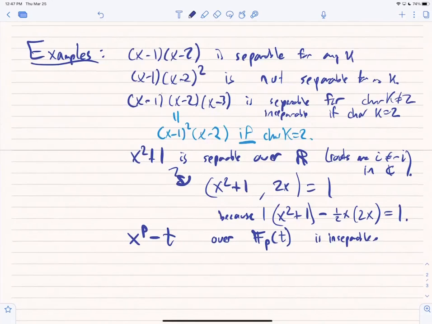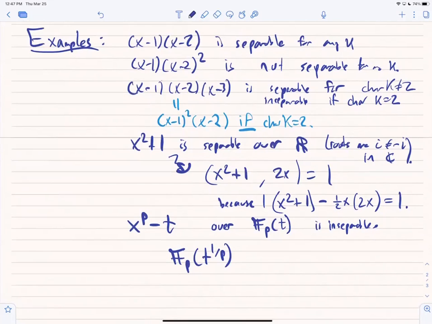If I add a single root, I can't remember if I did the general case or maybe I just did p equal to 2 or 3 on the homework. But if I just add a single root, I'm going to write that field as F_p(t^(1/p)). In this field, we'll do a similar thing later, so let me not check it right now.